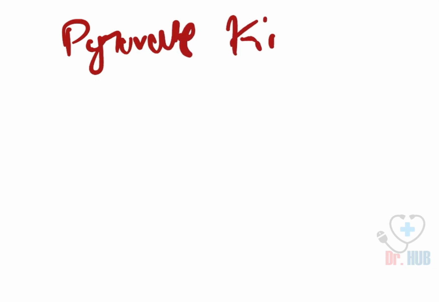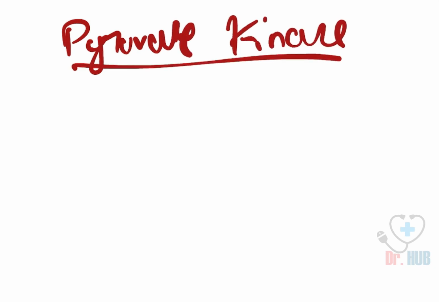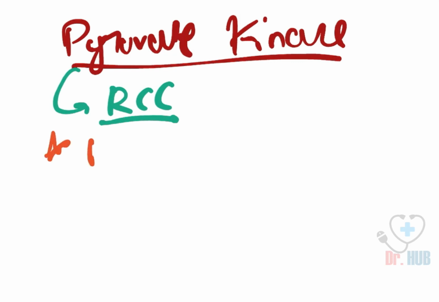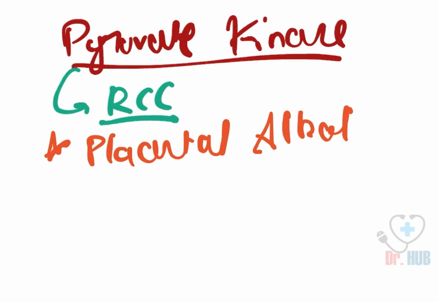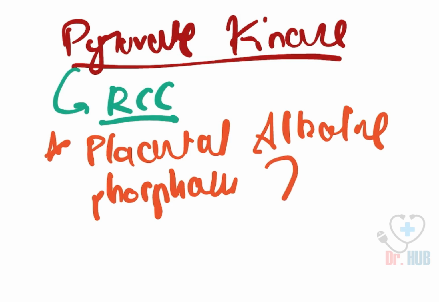Then moving on, we look at the pyruvate kinase. In case of pyruvate kinase, it is seen in case of the RCC, that is the renal cell carcinoma. And in case of the placental alkaline phosphatase, this is seen in case of the seminoma.